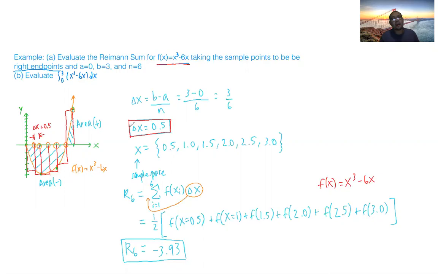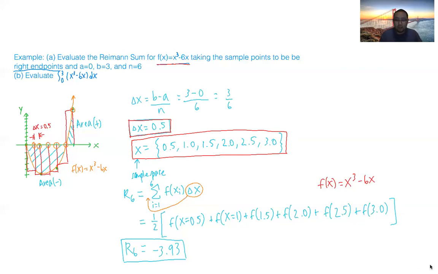We have our delta x. Using our delta x, we have our sample space, our inputs based on a right endpoint evaluation, based on these right endpoints. And we are going to use the formula that we saw before.